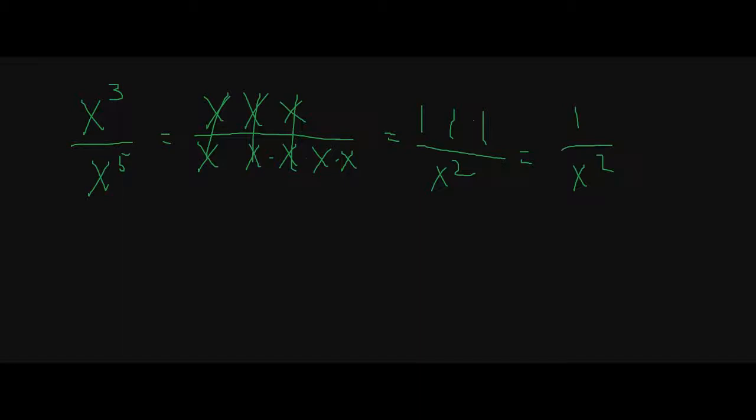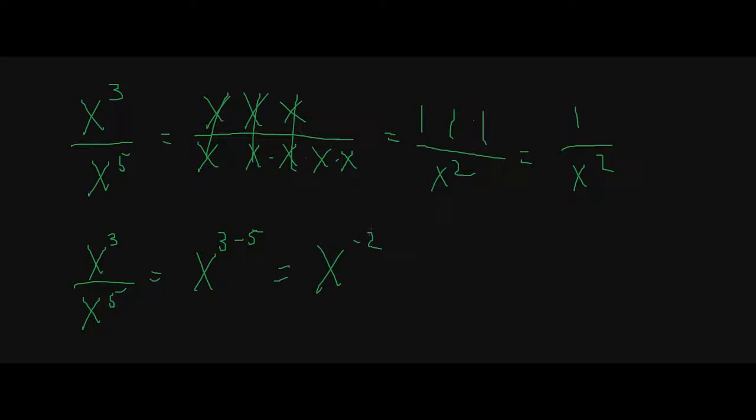Alright, let's go ahead and look at this right here. If I have x to the third divided by x to the fifth, I can use the quotient property, right? I can subtract these exponents. So x to the third divided by x to the fifth is the same thing as x to the 3 minus 5, which is equal to x to the negative 2.